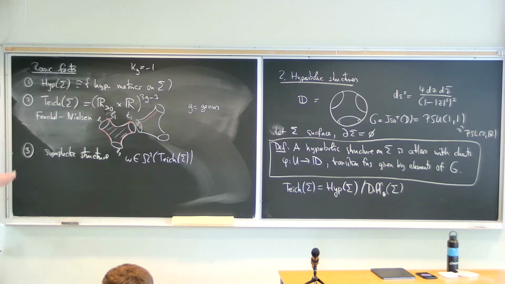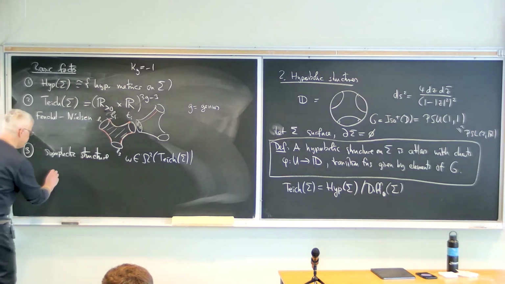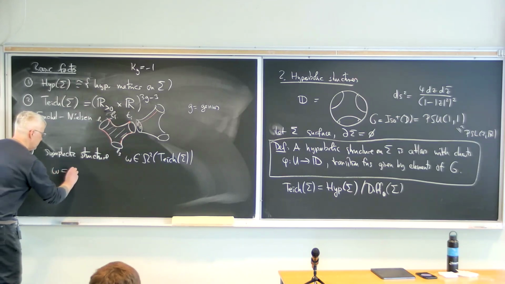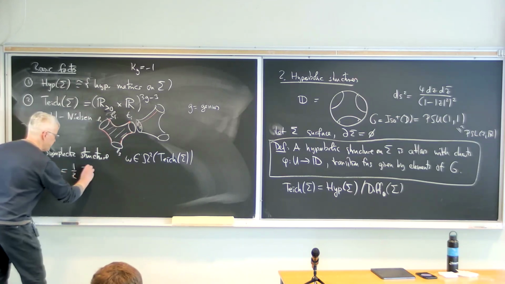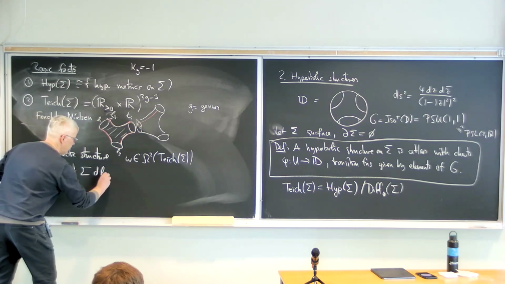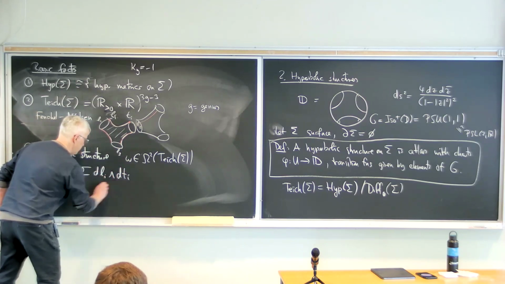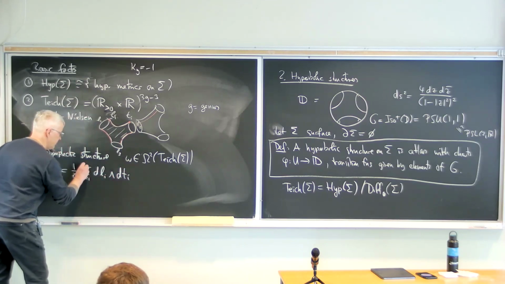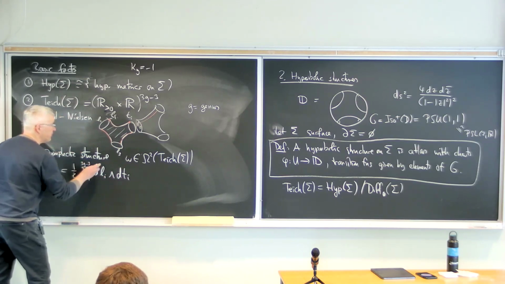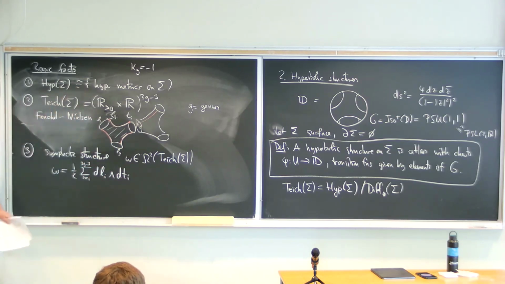And then it was discovered that in terms of these Fenchel-Nielsen coordinates, it's actually just Darboux. So never mind the factor 1/2. These Fenchel-Nielsen coordinates are just Darboux coordinates for the symplectic structure.